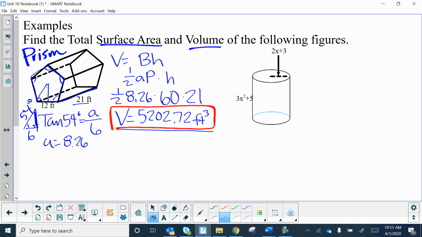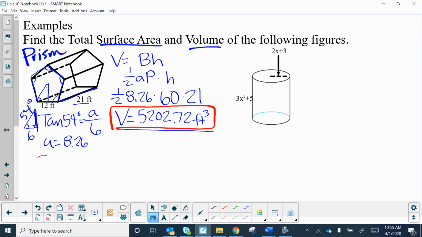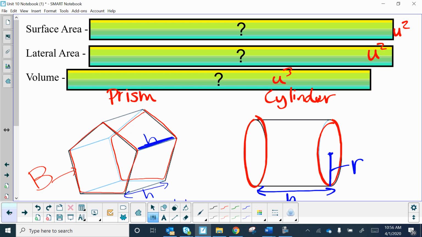Let's go to surface area now. So surface area. I'm going to use red now. So the surface area formula is, let's go back and look at that.